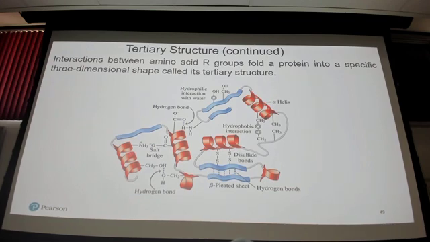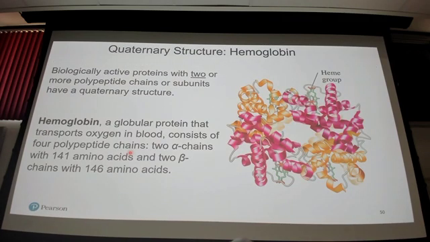If we want to go into quaternary structures, that will be at least two polypeptide sequences forming all of the types of interactions that we just discussed. So the same types of bonds, but instead of within the polypeptide sequence, it's going to be between two or more different polypeptide sequences.